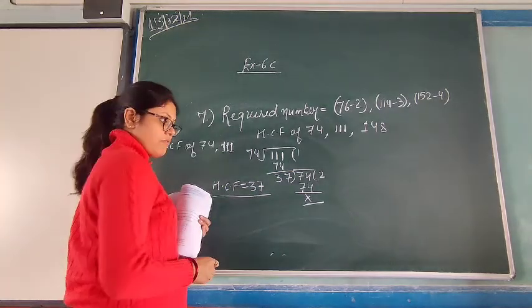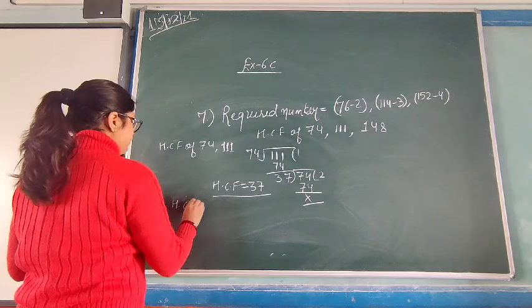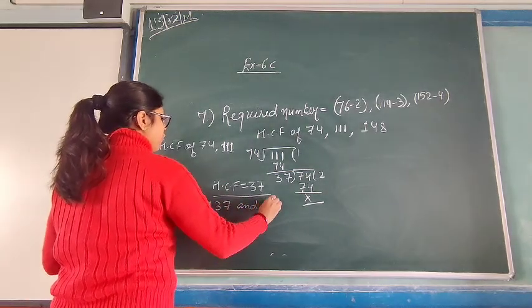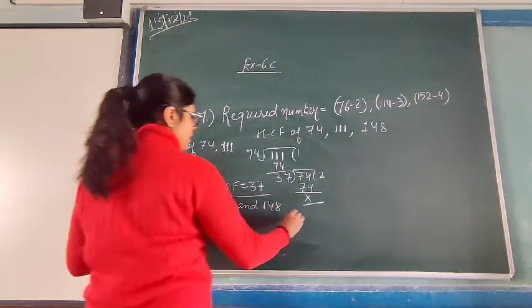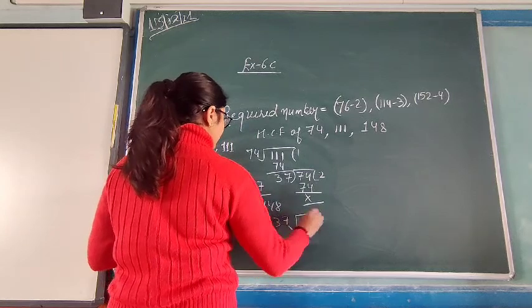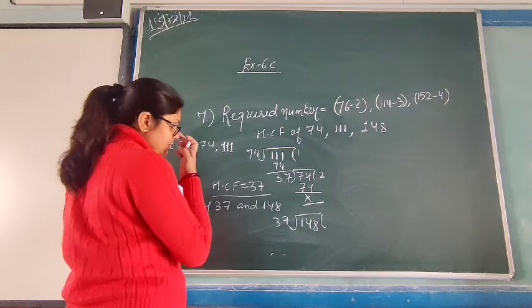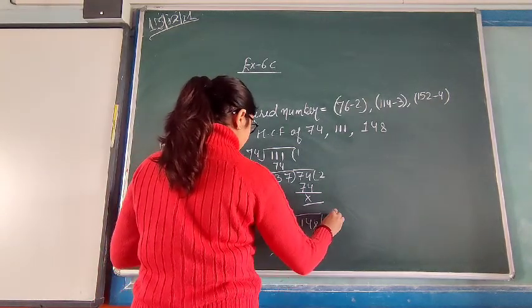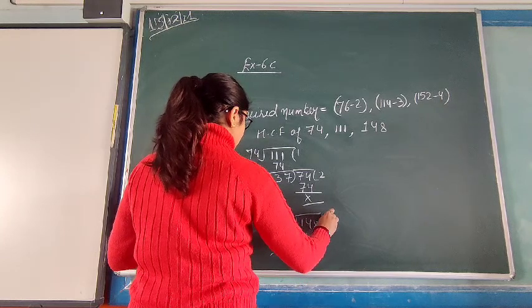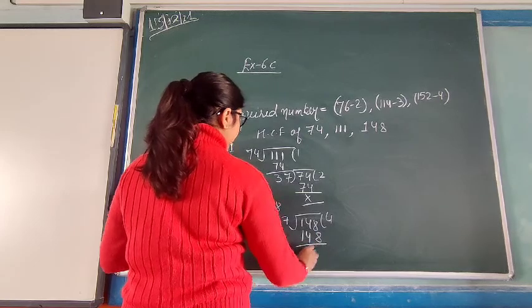So HCF is equals to 37. Fine. Now again HCF of 37 and 148 you will take out. Now this 148 upon 37. What will come? 37 3s are, 4s are 148.